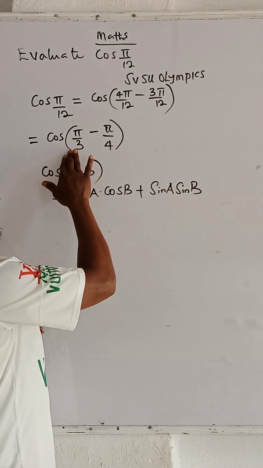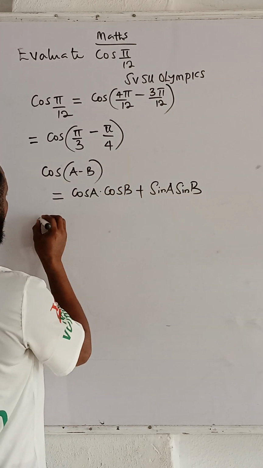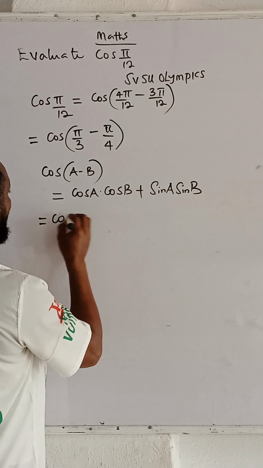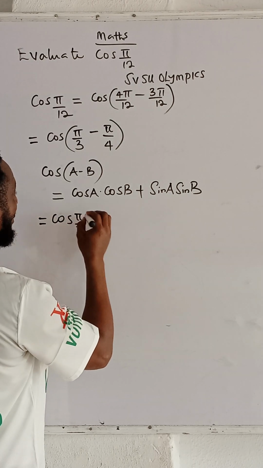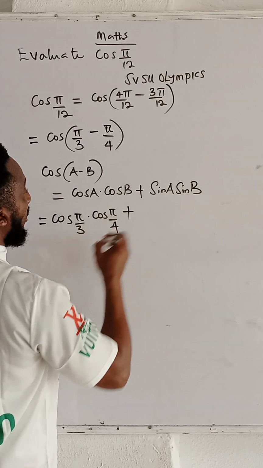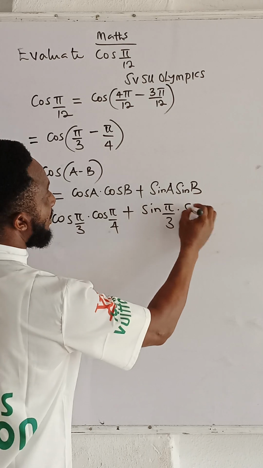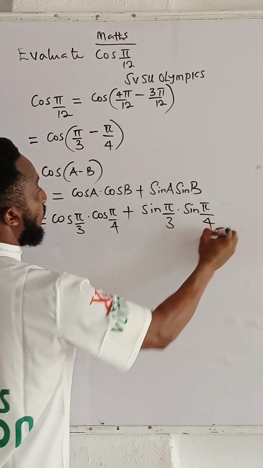Our A here is pi on 3, our B here is pi on 4. So this is going to give us the cosine of pi on 3 multiplied by the cosine of pi on 4 plus the sine of pi on 3 multiplied by the sine of pi on 4.